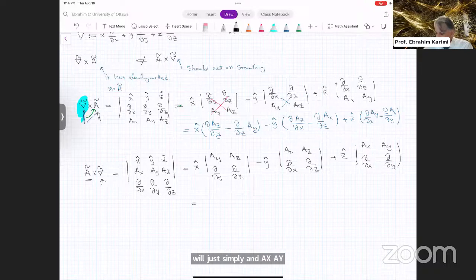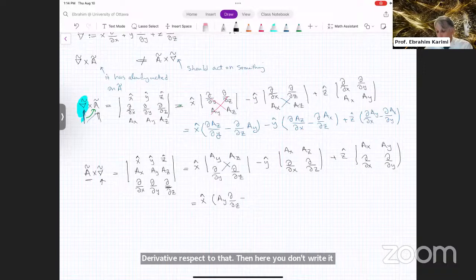Now let's do the calculation of the determinant. So here you will have ay, derivative with respect to z. Then here you don't write it derivative with respect to y of az. Why? Because you will see that nabla here, del, is not acting on a. So here you should arrange it properly.